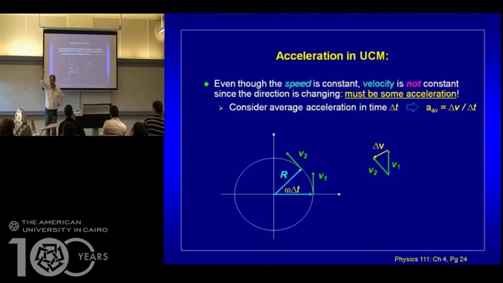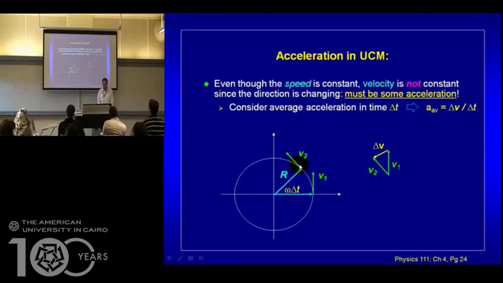Can we calculate that acceleration? Okay, that's what I'm going to do now. We need to calculate that acceleration. So I'm going to assume that the object starts at that point with a velocity v1, and this is the direction of v1, and it ends at that point with a velocity v2, and this is the direction of velocity v2.